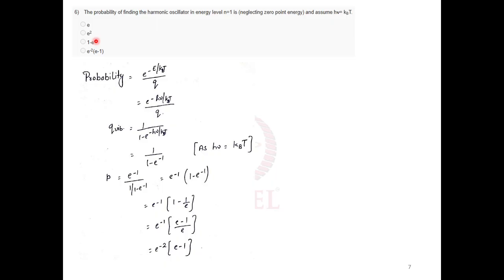Now come to this question: the probability of finding the harmonic oscillator in energy level n equal to 1, right? This probability is written as e to the power minus epsilon by kBT divided by q.